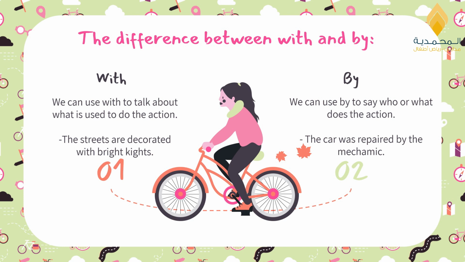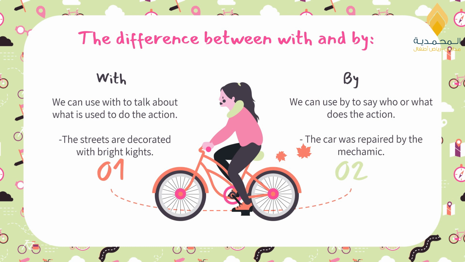So for example, the streets are decorated with bright lights. So I have used with because I am talking about the things that I used to do the action, which means that the streets were decorated with bright lights.